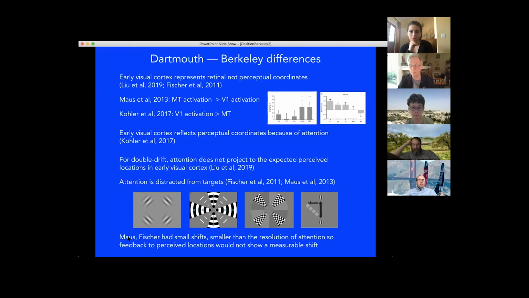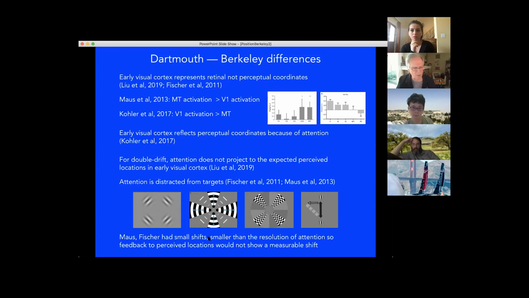Okay, so my thought here is, these experiments had quite small perceptual shifts. Their effects were reliable enough that they could be picked up cleanly with the techniques used. So there's no question about identifying the shifts in the cortical areas where they were found and being able to reject any shifts in the cortical areas where they weren't found.